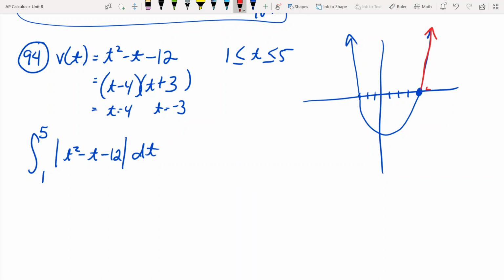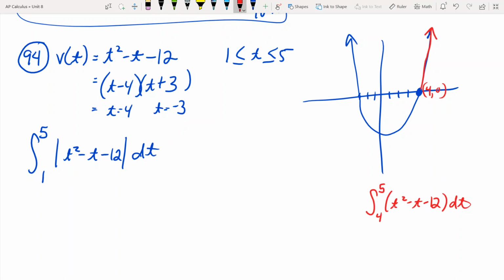And right here this is going to be the point 4, 0. So the integral under the curve there is going to be from 4 to 5 of t squared minus t minus 12 dt. So there's my red portion.